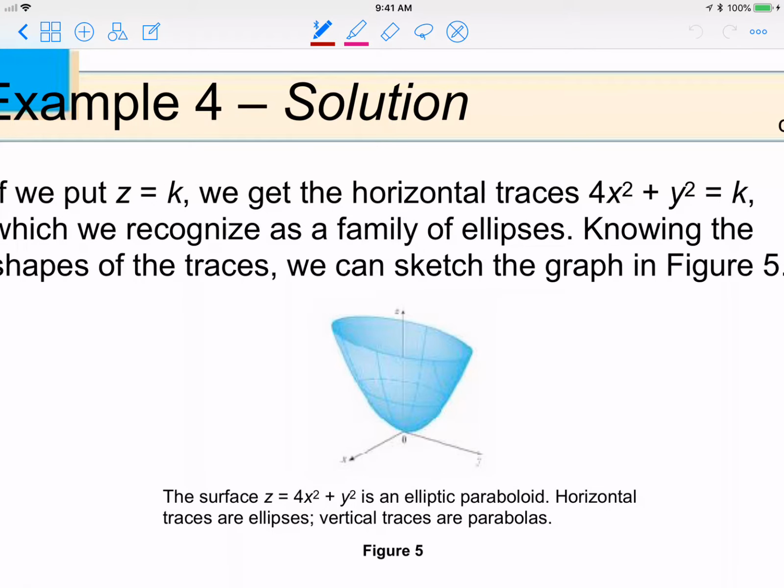Do you see how we've got a parabola this way? But now if we move out to x equals 1, we'll have another parabola, but it's higher and higher. Do you see we'll have parabolas that are lifted higher and higher? And we've got symmetry here.